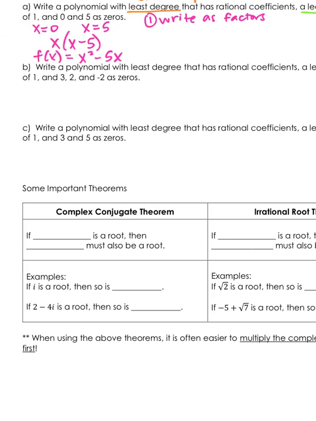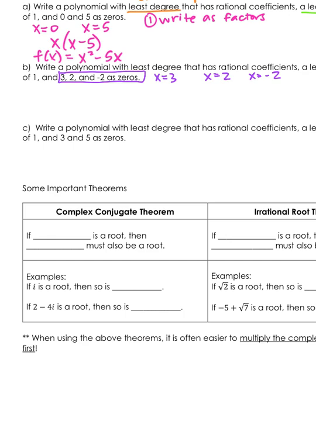All right, so let's try another one. We've got a polynomial with least degree that has rational coefficients, a leading coefficient of 1. That's pretty much always going to be the same. What's important is this right here. 3, 2, and negative 2 are my zeros. So once again, I've got x equals 3, x equals 2, and x equals negative 2.